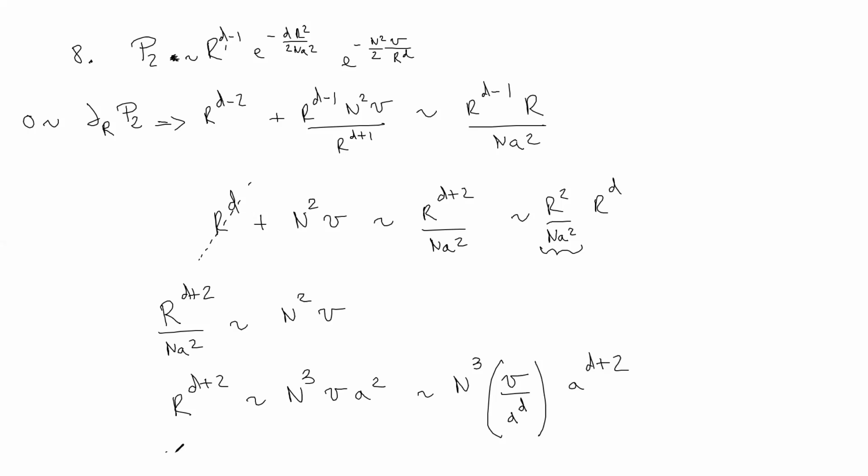So that now if I take the power 1 over D plus 2, I get R goes like A, n to the nu, and a ratio to the power 1 over D plus 2, with nu, which is, as usual, 3 over D plus 2.